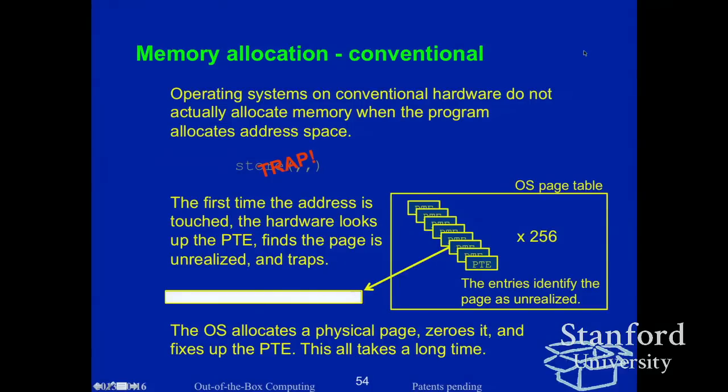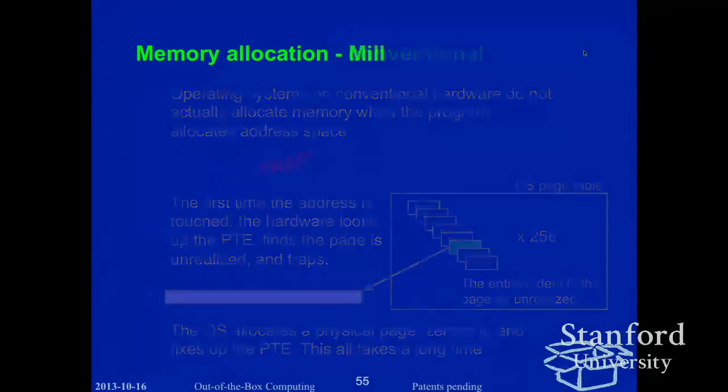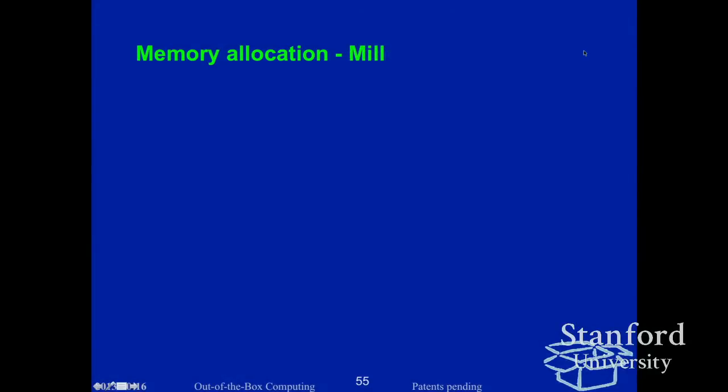You notice it takes a while. Updates the page table entry to the corresponding physical address. That's now turned green to indicate it's correct. Fixes up the page table entry and returns from the trap, and the store can now proceed. All is happy except for the person who is looking at the clock.